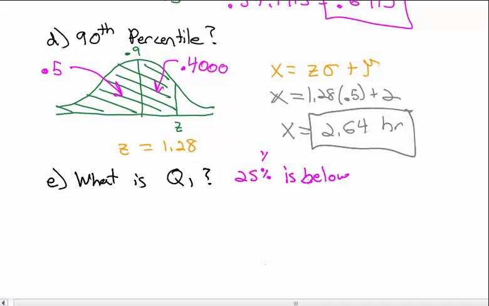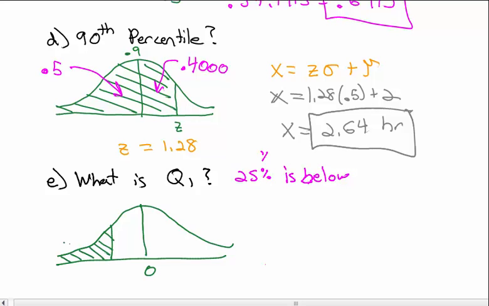Which means we're really looking for the 25th percentile. And visually on a picture, 0 is the mean. We're looking for the point that's got 25% of the area below it. And we know it's to the left because the left has 50% in it. So if that left area is 0.25, we want the right area to also be 0.25, so they add up to 1/2.